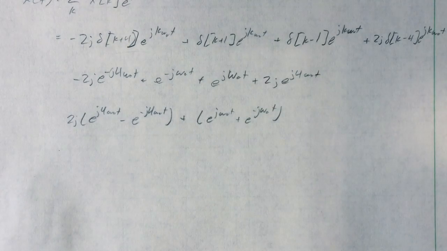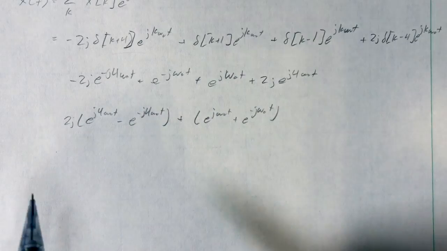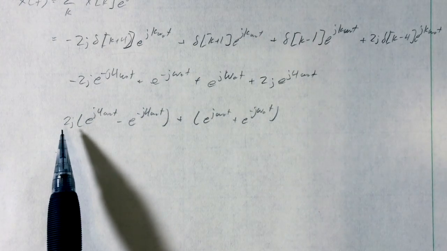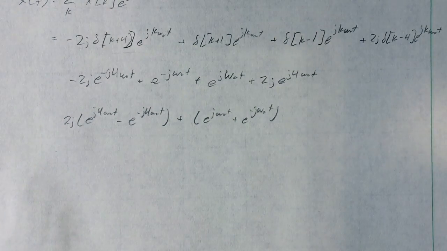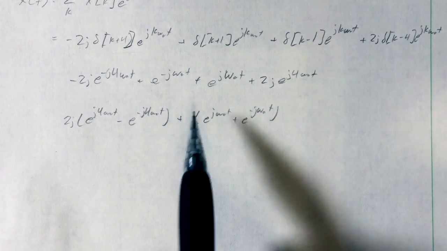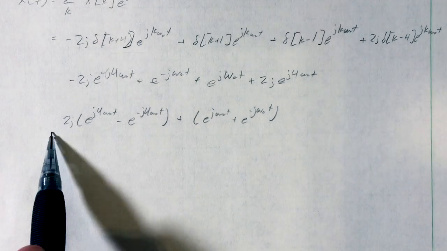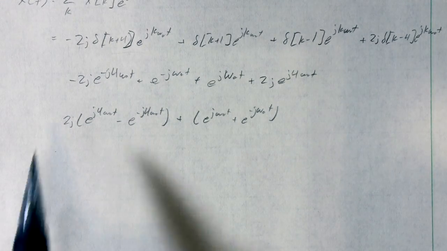And I'm just going to play with these coefficients right here to get it in the form that we want, so we can substitute in our sine and cosine functions. So the way we do that is we multiply this by 2j, and this by 2 over 2, and this would be 2j over 2j.